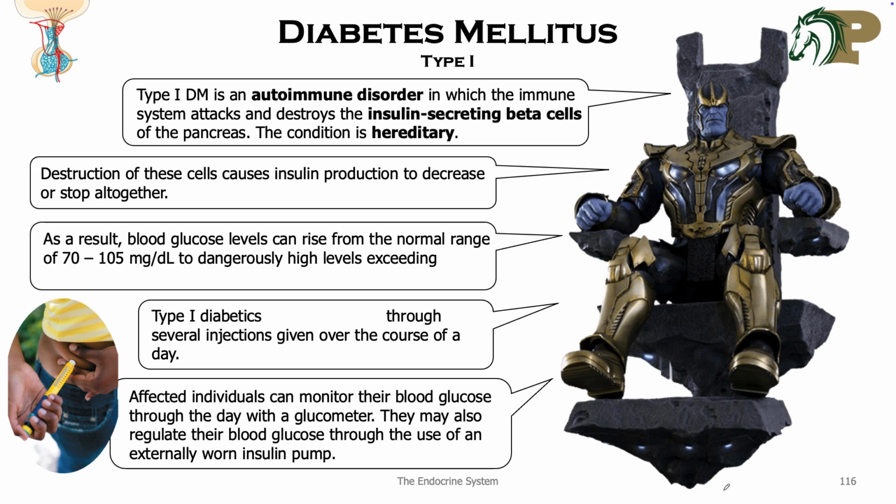Destruction of these cells will cause insulin production to decrease or stop altogether. As a result, blood glucose levels can rise from the normal range, 70 to 105 milligrams per deciliter, to dangerously high levels exceeding 500 milligrams per deciliter.